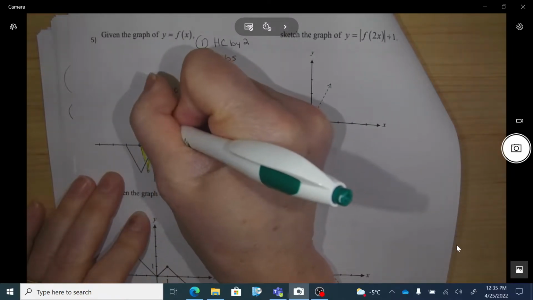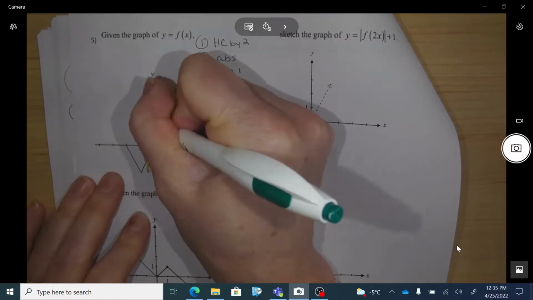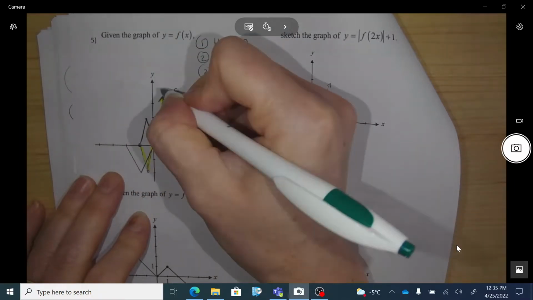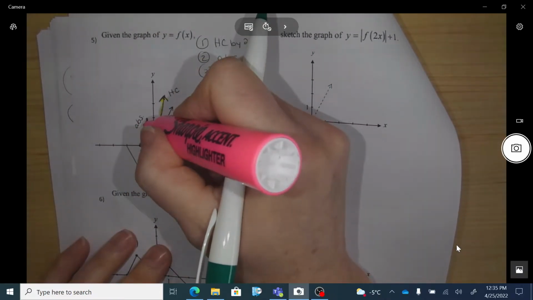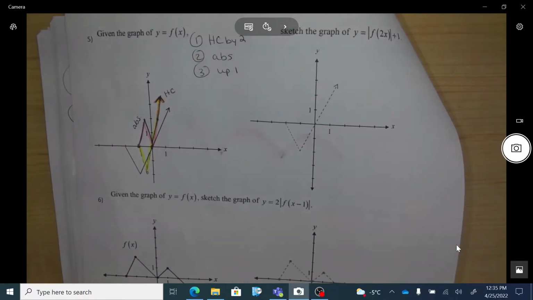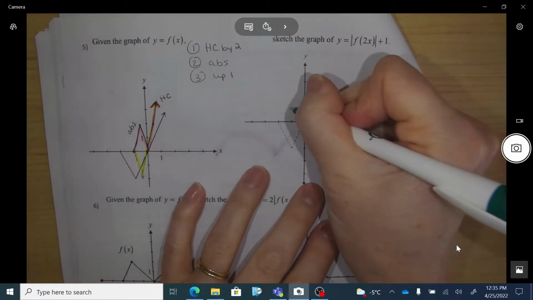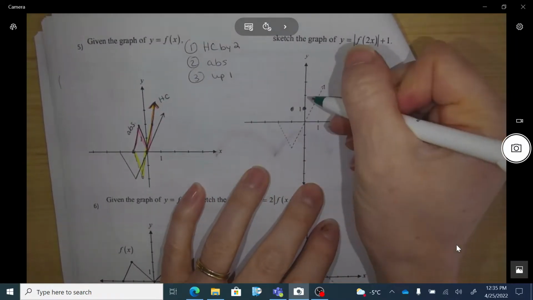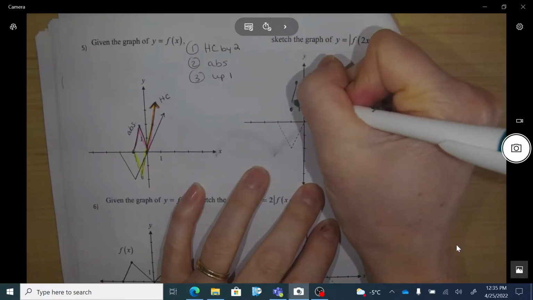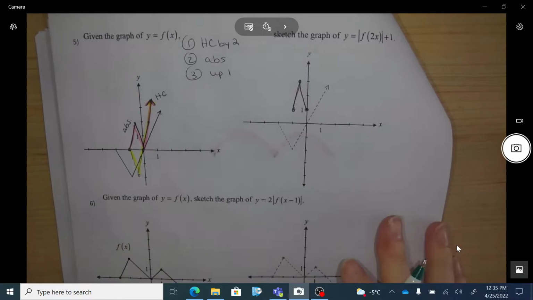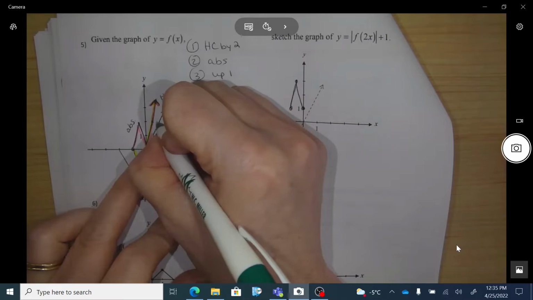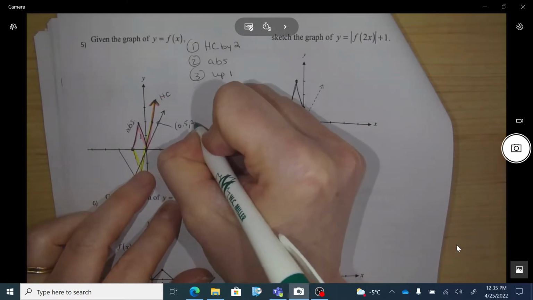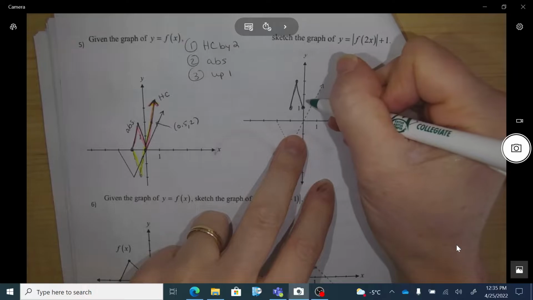So this would change, and this would stay. So absolute. And now I'm going to take that and go up 1. So there's that piece, and this is a coordinate 0.5, comma 2, so 0.5, comma 3.